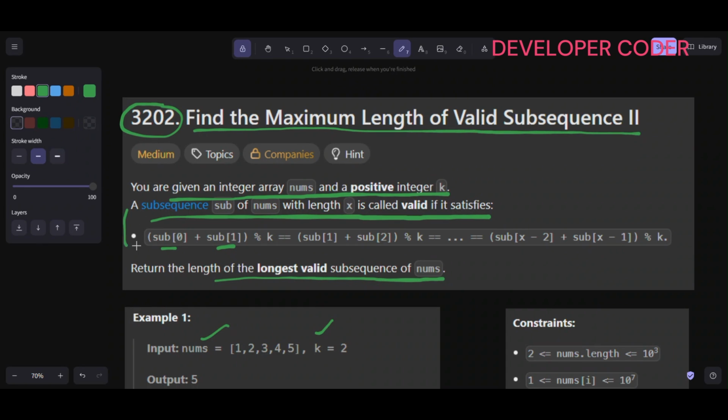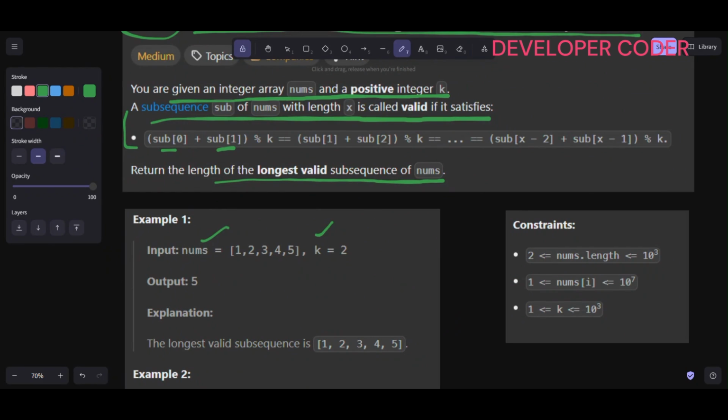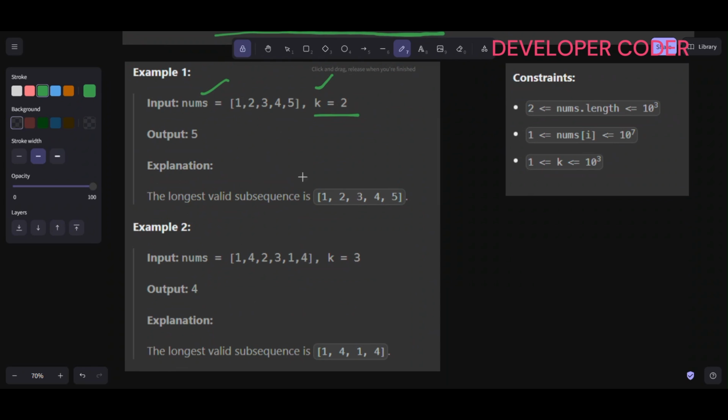All right, so let's understand this with example 1. This is your nums array: 1 2 3 4 5, and k value is 2. This is index 0, 1, 2, 3, 4.